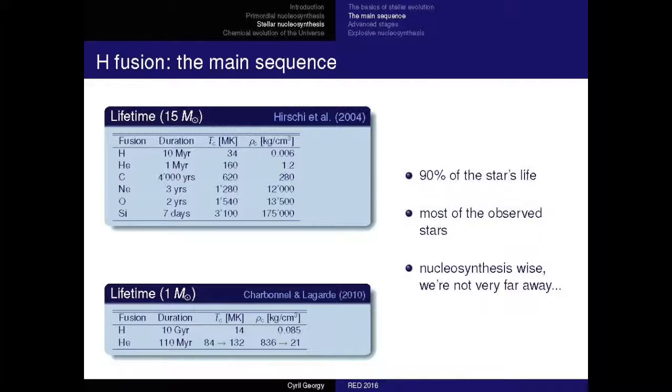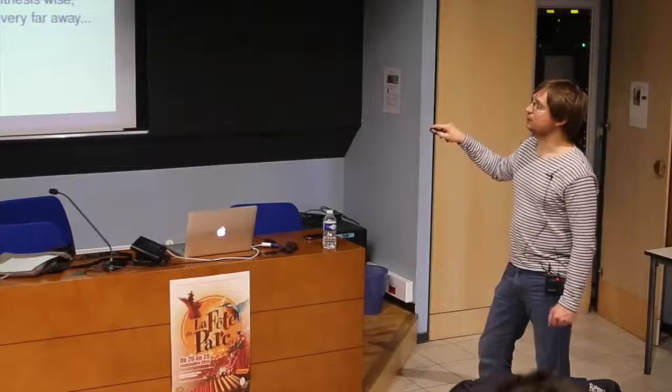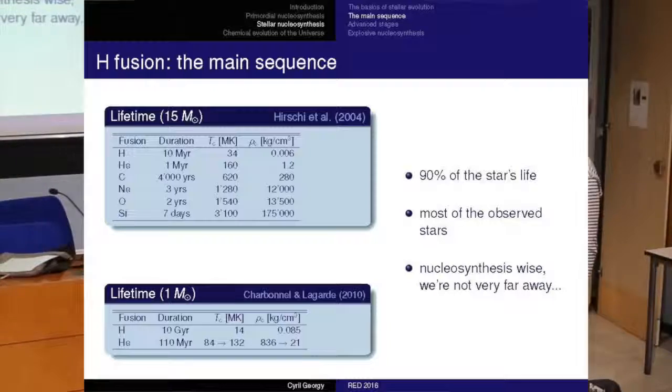And then from carbon burning up to silicon burning in a massive star, it becomes very, very quick. A few thousand years for carbon burning, a few years for neon and oxygen burning, and silicon burning is only a few days. You can see as well that this corresponds to an increasing temperature and increasing density.